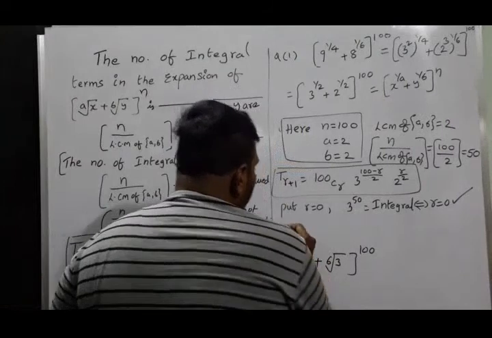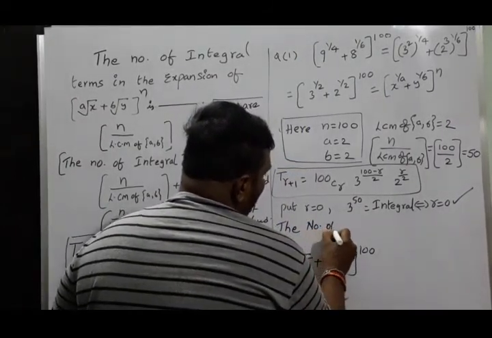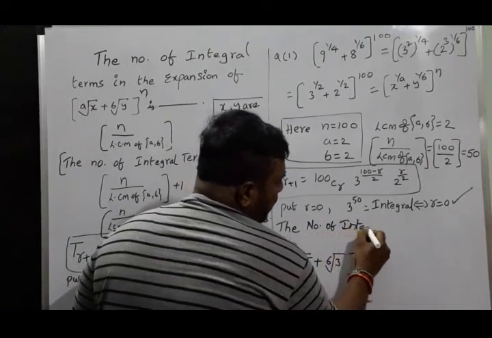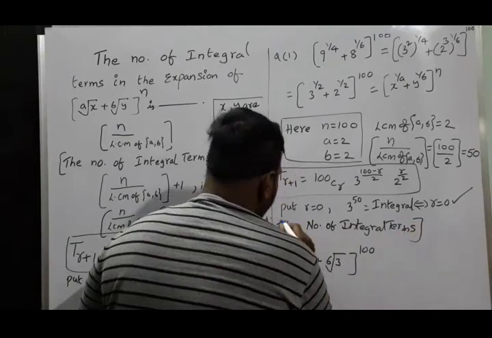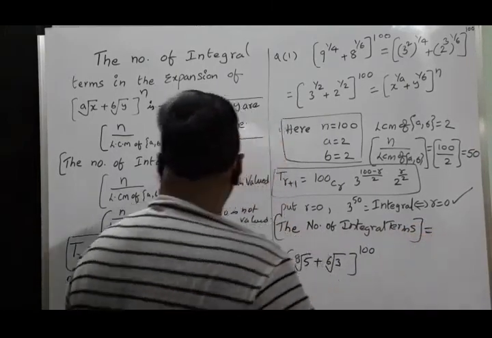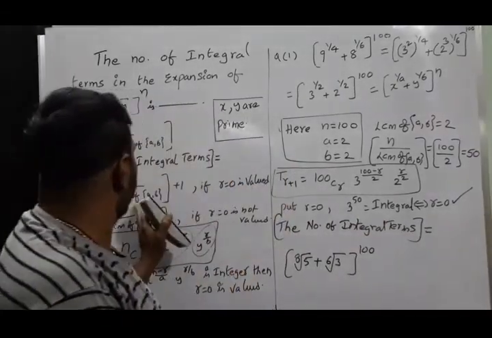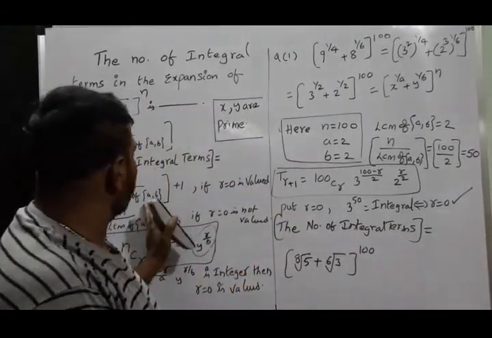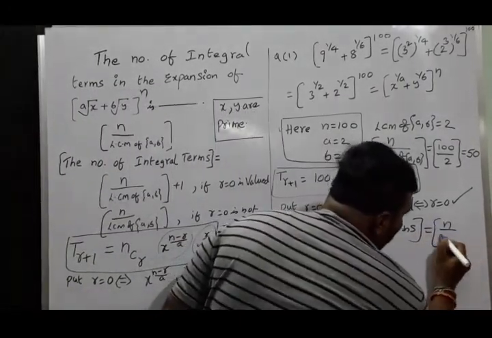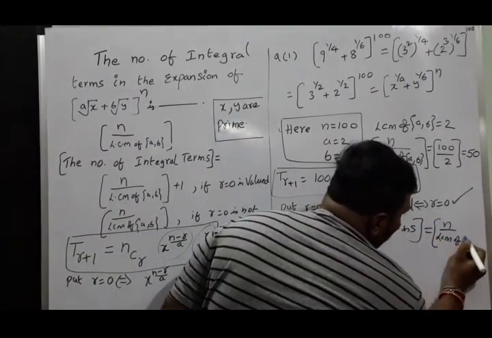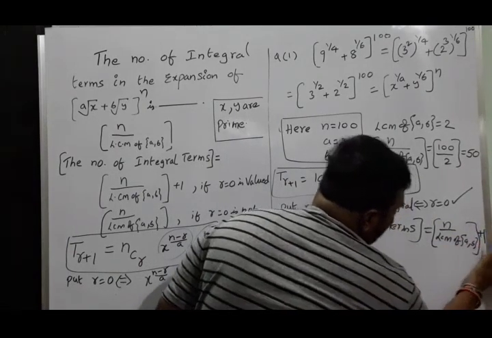Then the number of integral terms is equal to, what is the formula? R is equal to 0 valid, then floor of n by LCM of a, b plus 1.